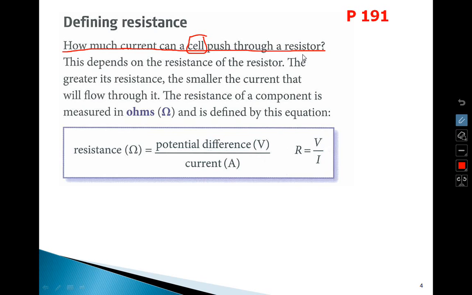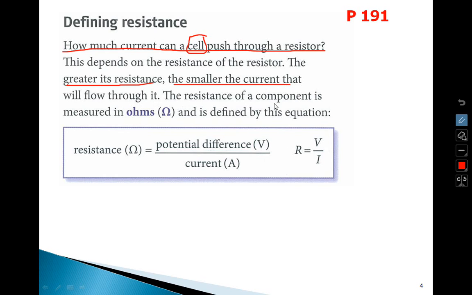The greater the resistance, if the resistance is high, the smaller the current that will flow through it. So the greater R is, the smaller the I that will flow through it.